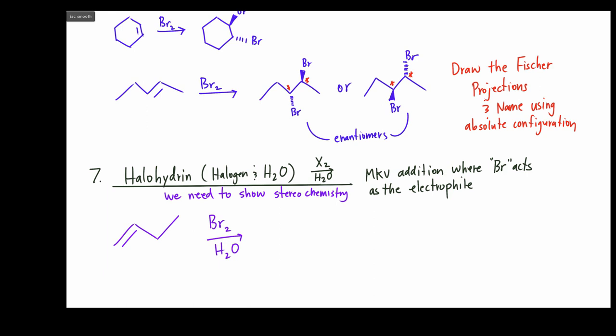So without stereochemistry, so if I add Br to the carbon with the most hydrogen, and the other side I'm going to add an OH.